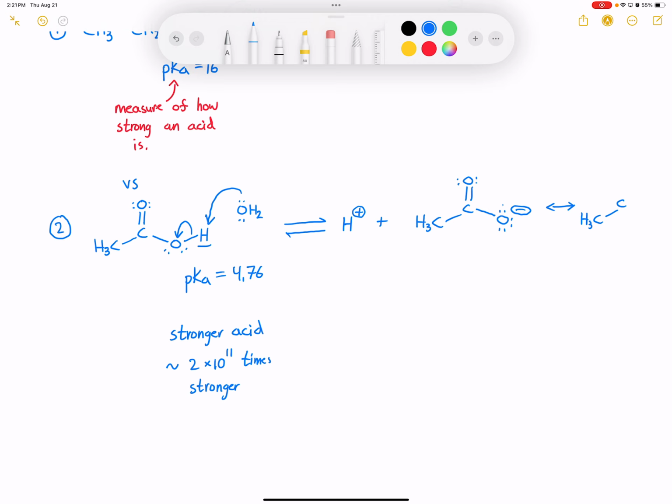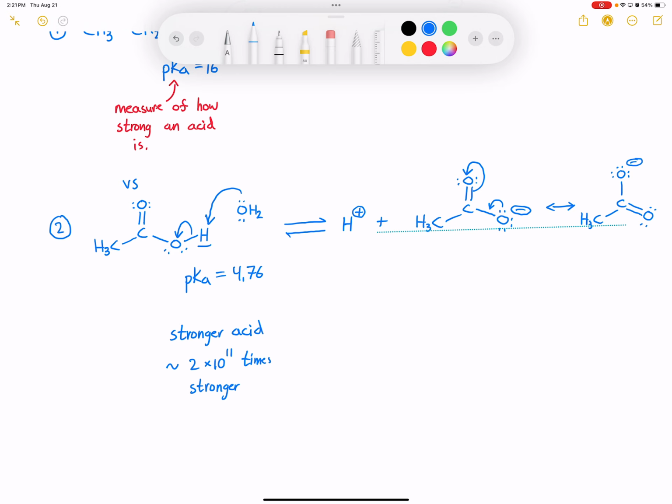Let me just move the arrows if that helps you. One thing I could do is switch where the double bond is and the charge. I'm just drawing these arrows to illustrate. So I'm going to draw the negative charge here, like that. Because the negative charge is shared between both of those oxygen atoms, it's more stable.